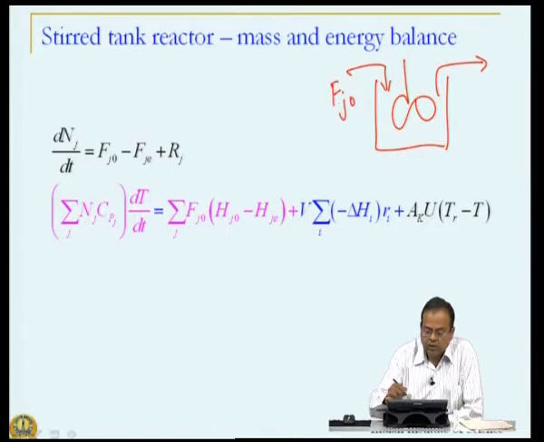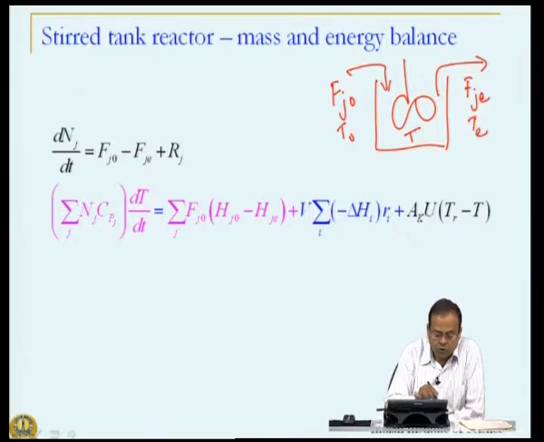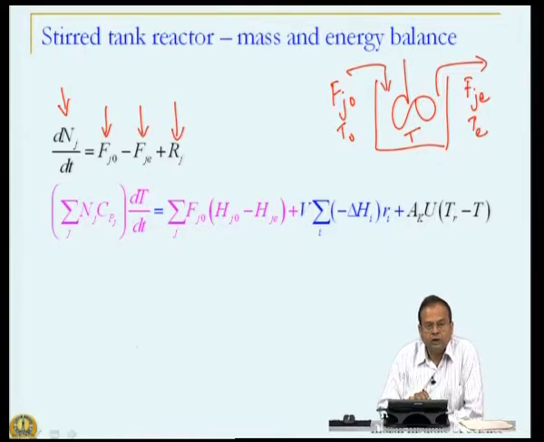For the jth species, these are the flow rates, the temperature inside is T, the temperature here is T naught, and here is Te, same as T. So, once again, accumulation is the molar flow rate coming in, going out, plus what is getting generated. That is our mass balance for the stirred tank reactor.